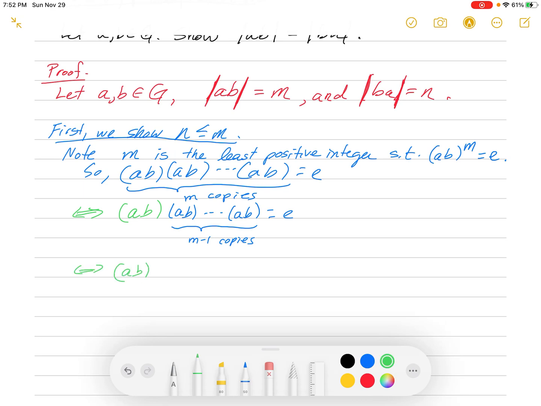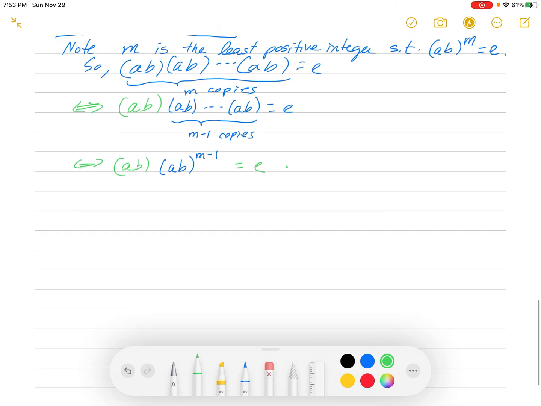That means AB times AB to the M minus 1 equals the identity. Now, whatever you multiply AB by to get the identity has to be AB inverse. This blue thing is actually AB inverse, because we're multiplying the green AB by this blue thing to get the identity. So it follows that AB's inverse is this blue thing, AB to the M minus 1.